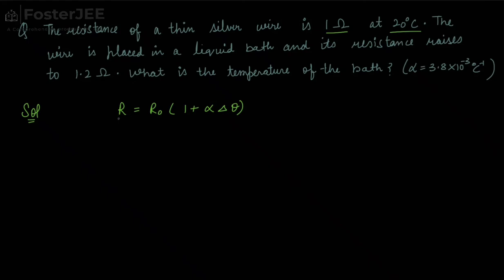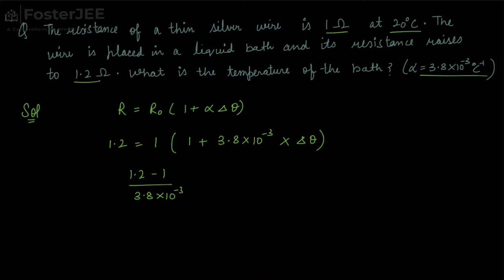Now, what is the final resistance given? That is 1.2. What is the initial resistance? It is 1. So 1.2 equals 1 into (1 plus alpha, which is given to be 3.8 into 10 to the power minus 3, into delta theta). Solving this becomes (1.2 minus 1) upon (3.8 into 10 to the power minus 3) equals delta theta.